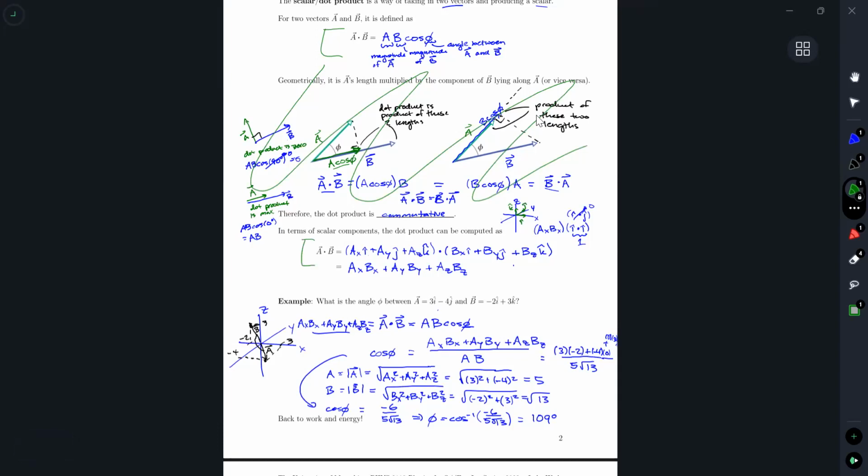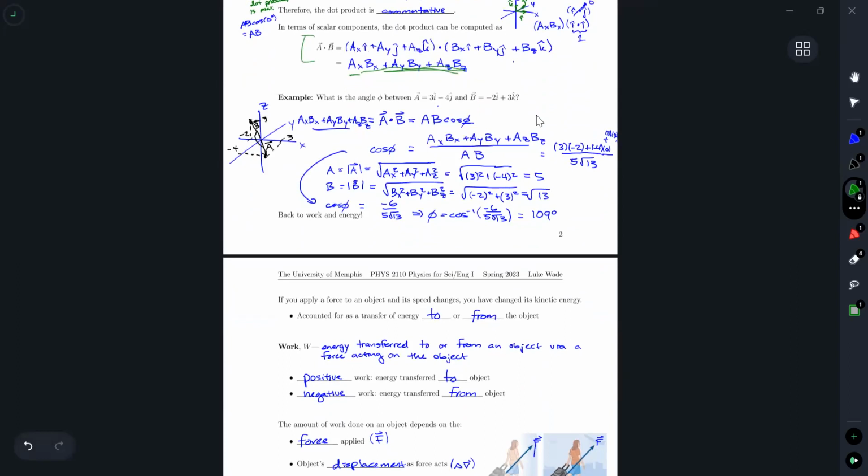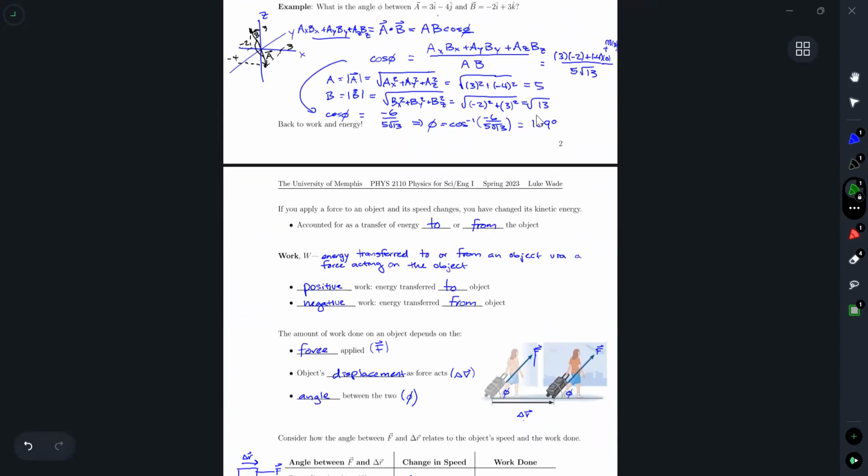Applying those, it's possible that that could show up in the sense of you're given a force and a displacement, and I want to know the work. You're given those in terms of vector components, maybe. So then you'd use this form, or you're given the magnitude and the angle between them, use that form. Or if you're asked about power, the rate at which work is done, you're given a force and a velocity, and then you do the same thing there.